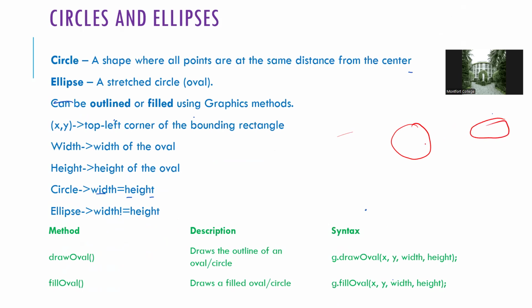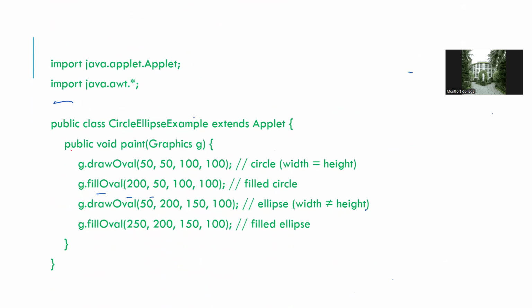In a circle, the width and height both have to be the same number. This is for oval, which is for circle only. So here width and height have to be equal. If width is 5, height should also be 5. Then only we'll get a proper circle.